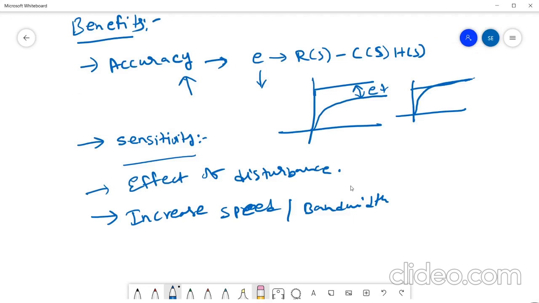right? So then the next topic is block diagram algebra. We'll give a brief introduction to block diagram algebra, then we'll wind up the session for today. Whatever we have done till now, we have already touched on block diagrams.